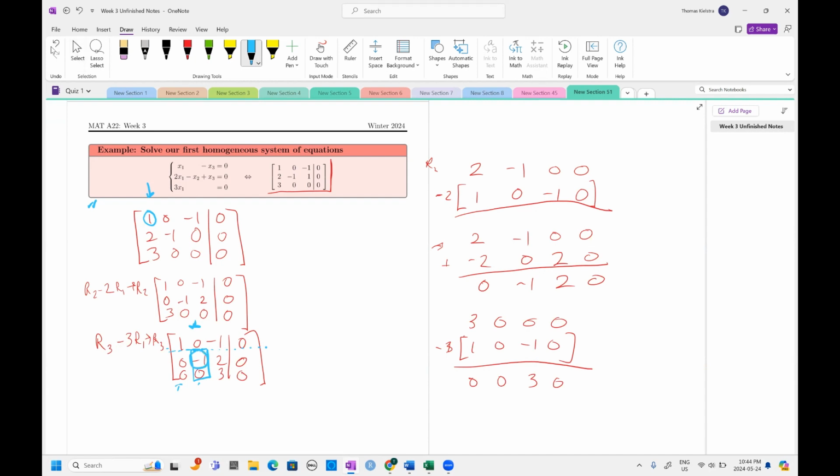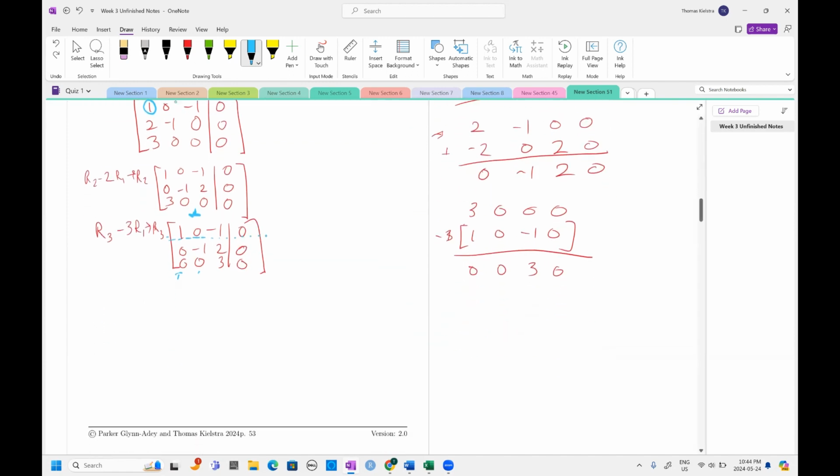Okay, that minus 1. So that is going to be what we choose to make our pivot. And remember, our step is we make it 1. So now that we've chosen our pivot, which is here, we need to make it 1. So we need to take minus 1 times row 2 replaces row 2, giving us 1, 0, minus 1, 0, 0, 1, minus 2, 0, 0, 0, 3, 0.